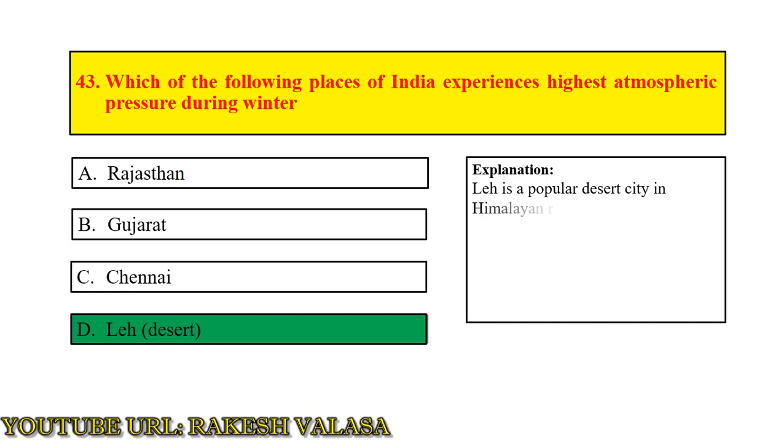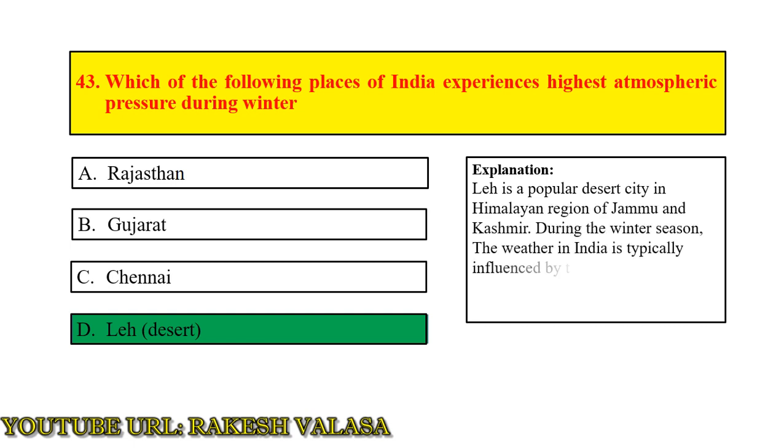Leh is a popular desert city in the Himalayan region of Jammu and Kashmir during the winter season. The weather in India is typically influenced by the pressure distribution in central and western Asia.